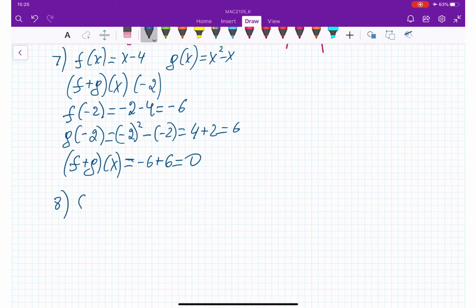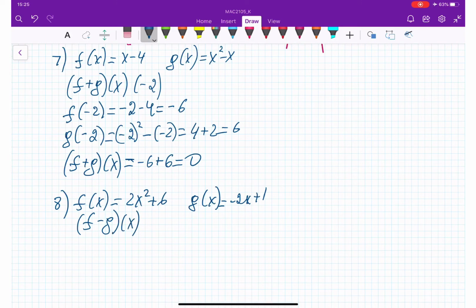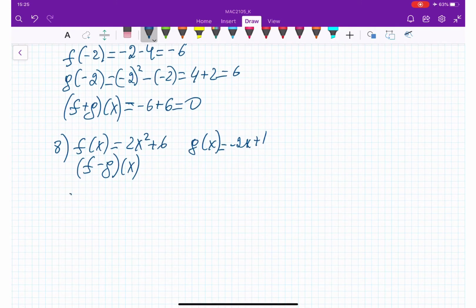f of x is equal to x squared plus 6, and g of x is equal to -2x plus 1. This time we need to find f minus g of x, with the value of -4. We just might as well put the value -4.